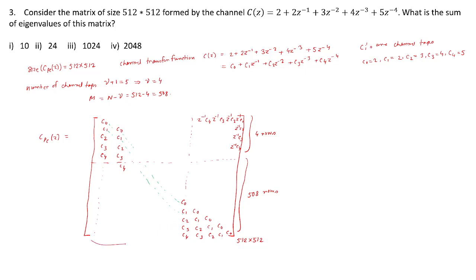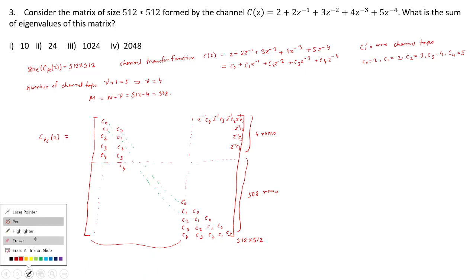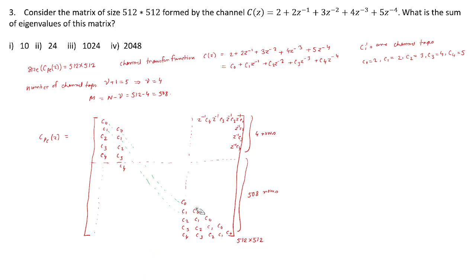Similarly here also, including this line, you have 508 columns, and then you have these 4 columns.